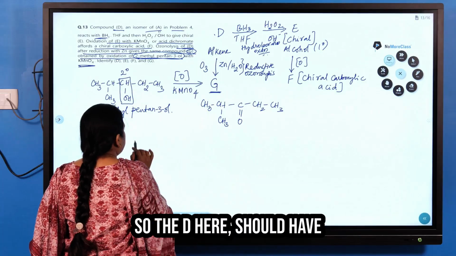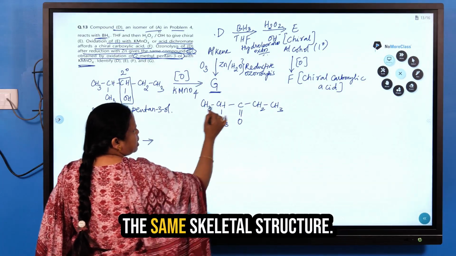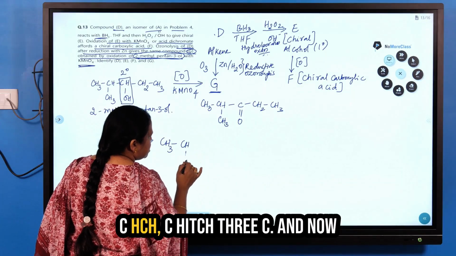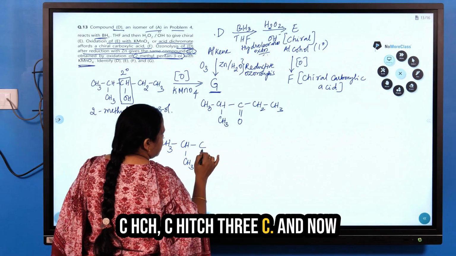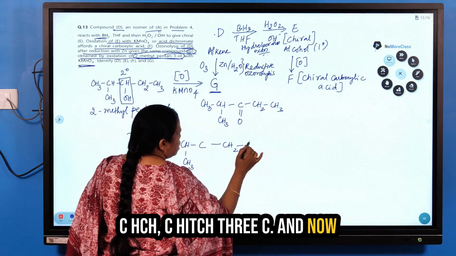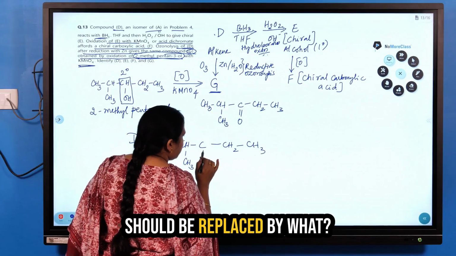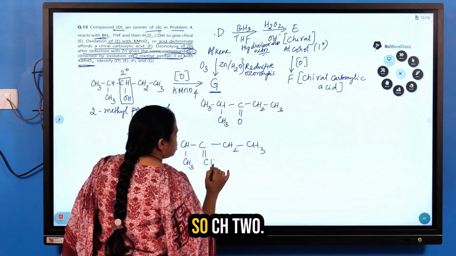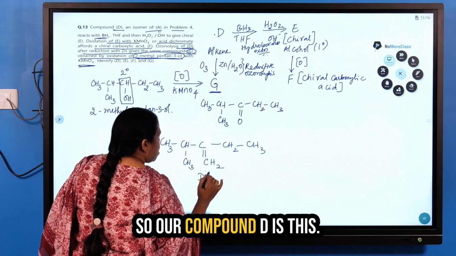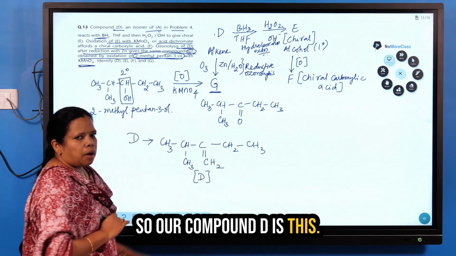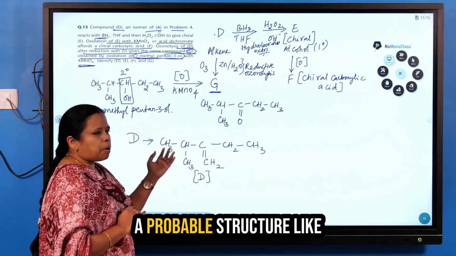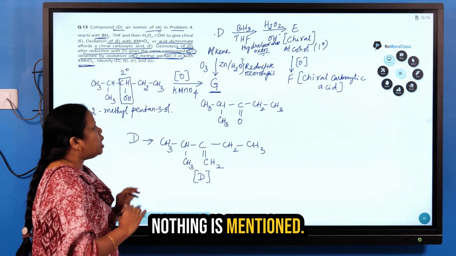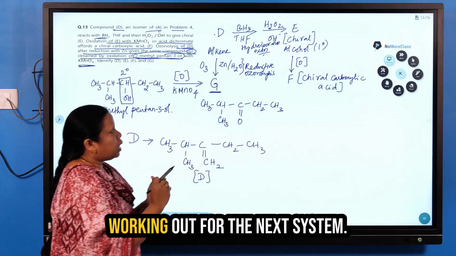So D should have the same skeletal structure: CH3, C, and now the position of the double bond O should be replaced by another carbon, because we don't have any other carbon chain mentioned. So CH2. So our compound D is this. It should have a probable structure like this because there is no other alternative possible for us. Nothing else is mentioned.